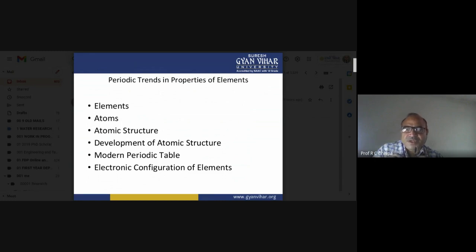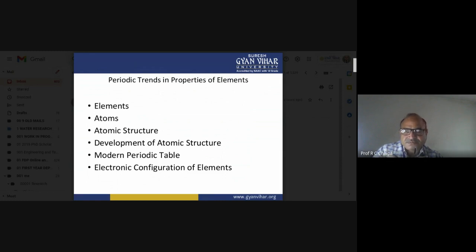This is the systematic arrangement of elements based on atomic number. Atomic number is equal to the number of protons, and because protons have positive charge, an equal number of electrons are also there.